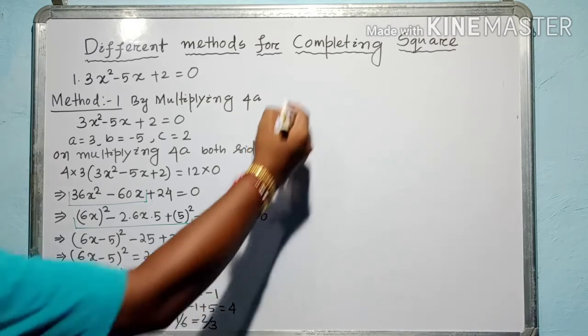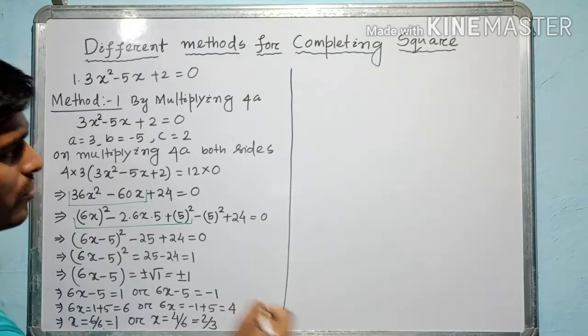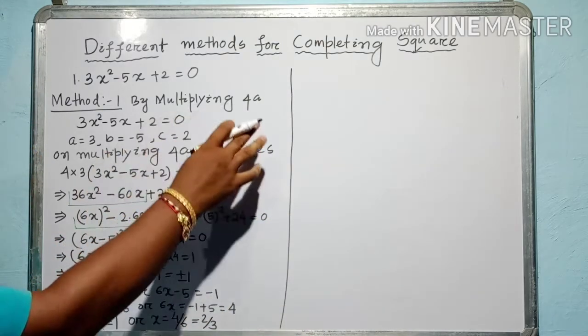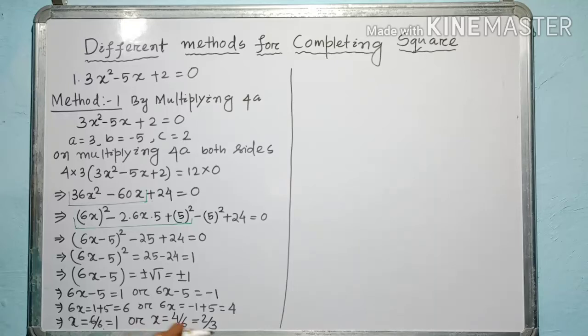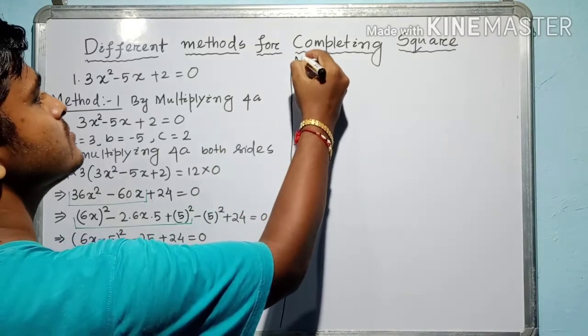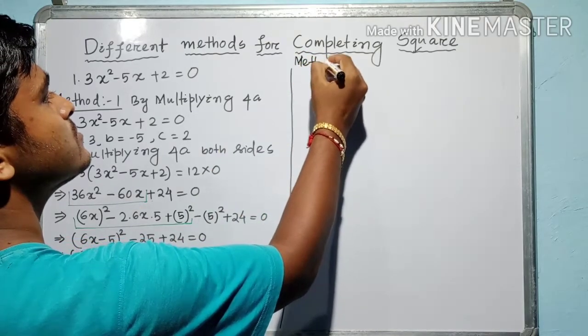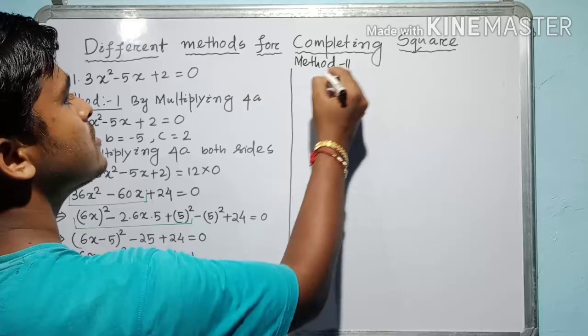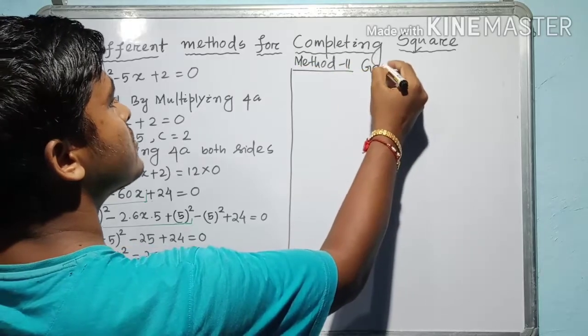This is one method, by multiplying 4a. By multiplying 4a, we have seen how to complete the square. Another method is Method 2, the general method.